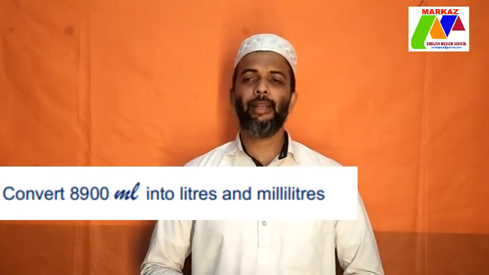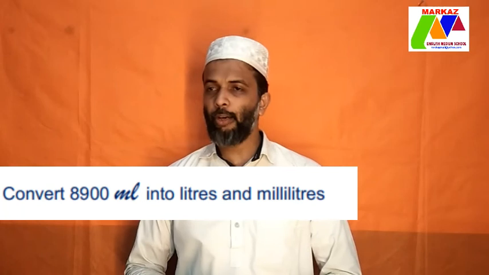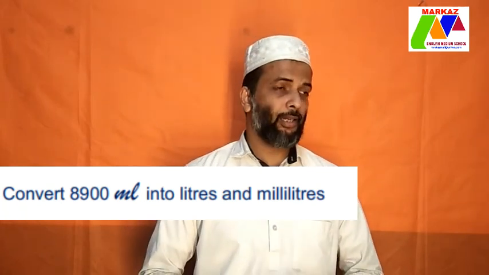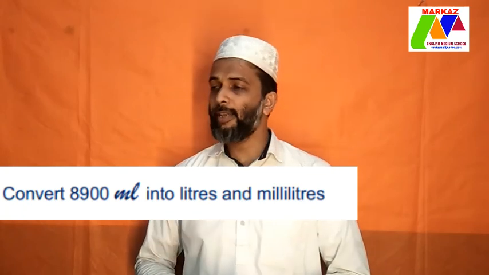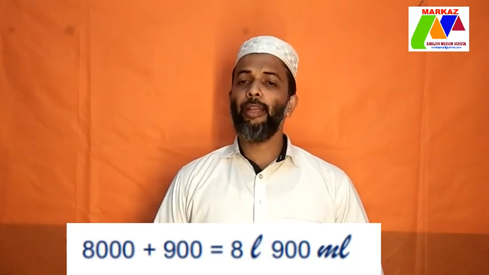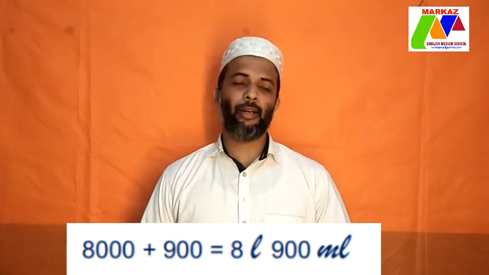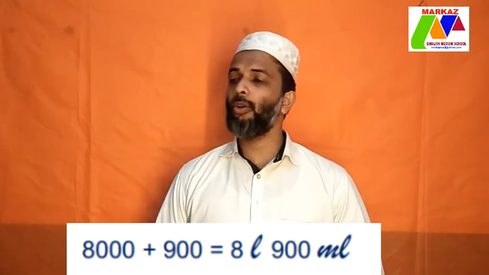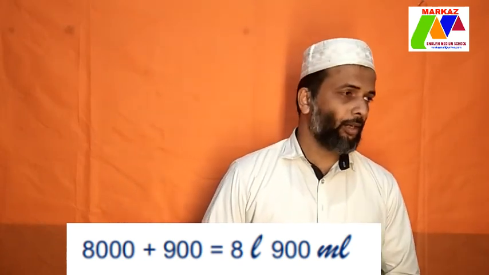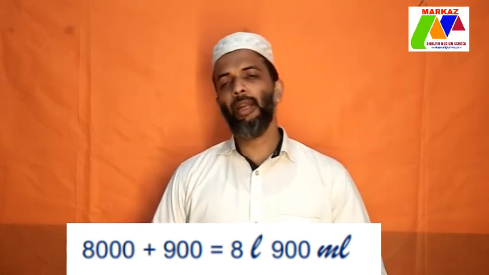First method: write the given milliliter in expanded form and consider thousands place onwards as liter and the rest as milliliter. In the given question, 8000 plus 900 is the expanded form of 8900. So the answer is 8 liter 900 milliliter.